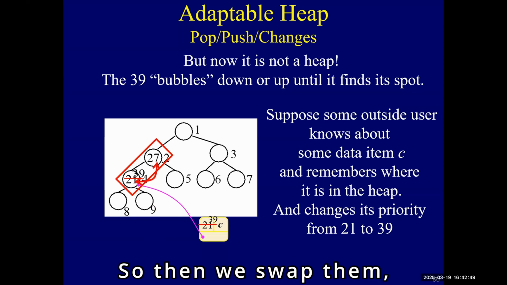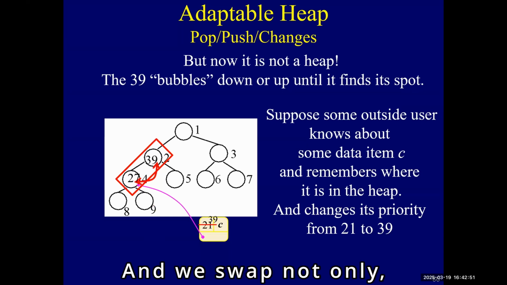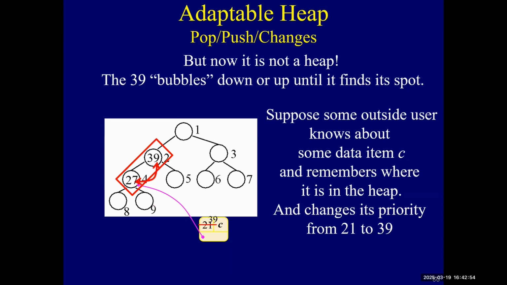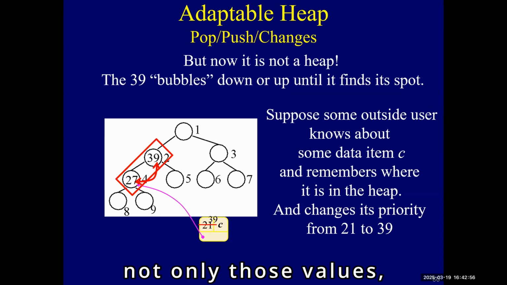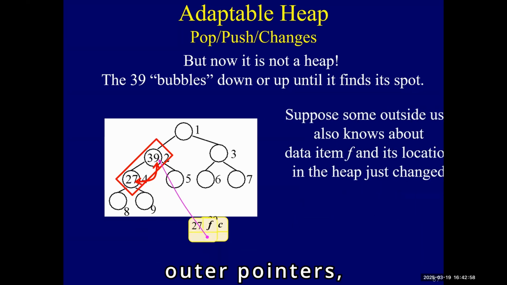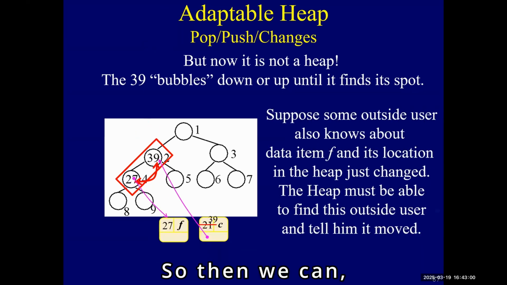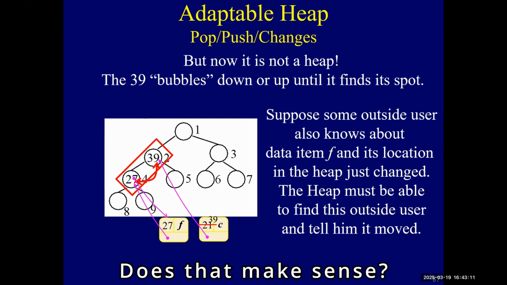So then we swap them, and we swap not only those values, but those outer pointers. Then from the 27, we can go out to F and tell F to point to the new location of 27. Does that make sense?